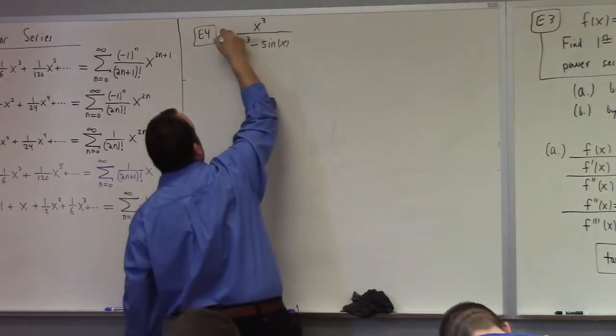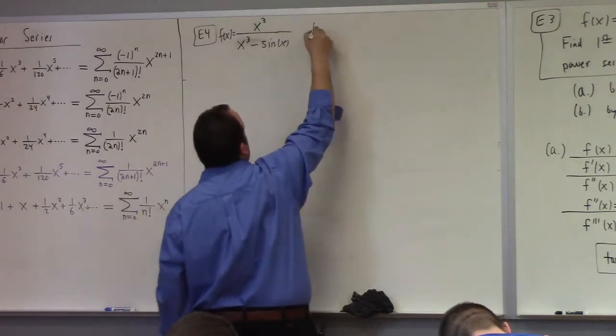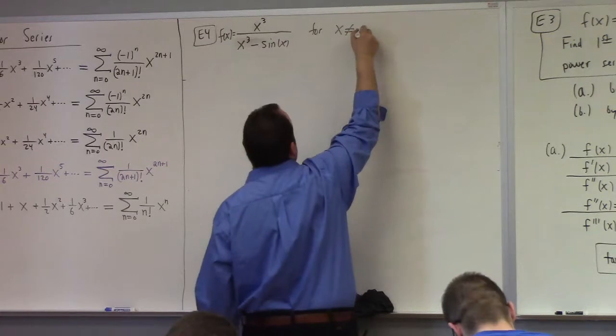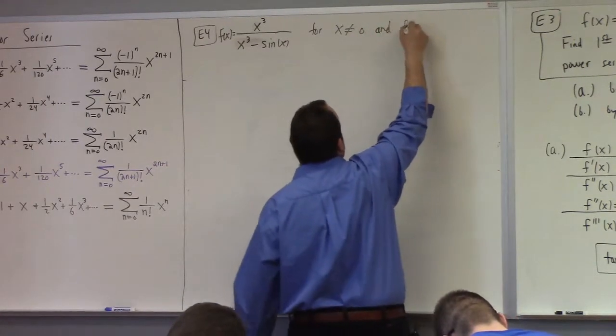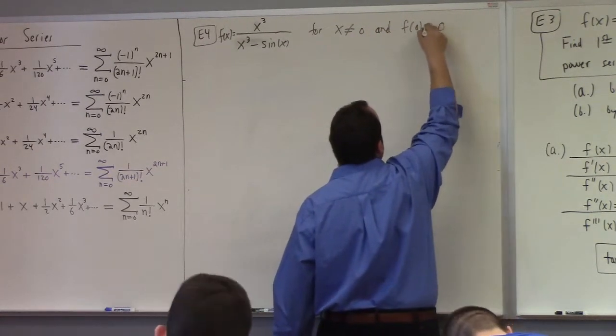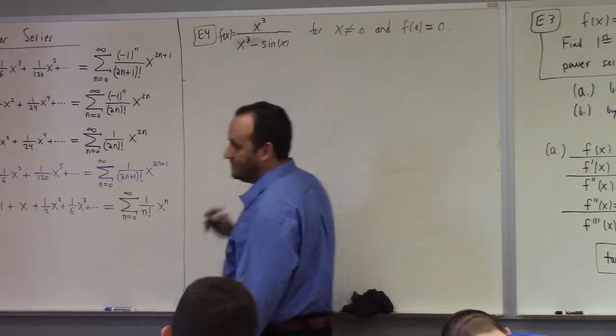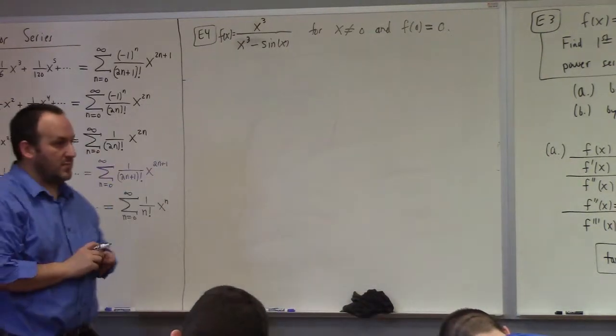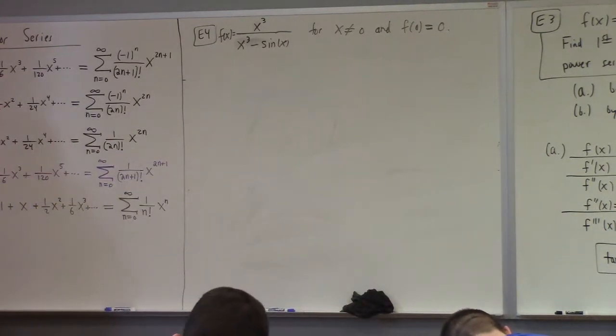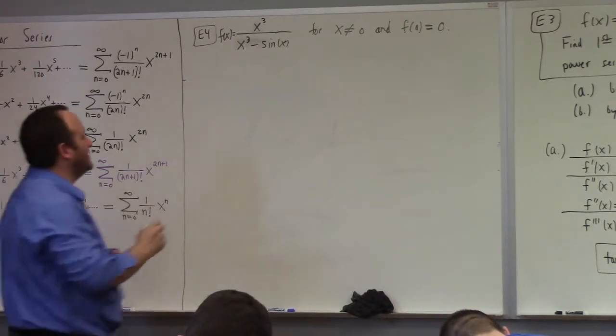So suppose f of x is equal to this for x not equal to 0, and f of 0 is given to be 0. So find the Maclaurin series.